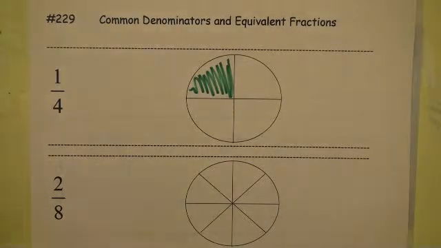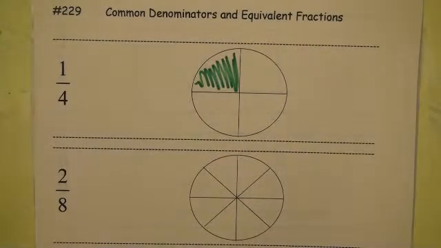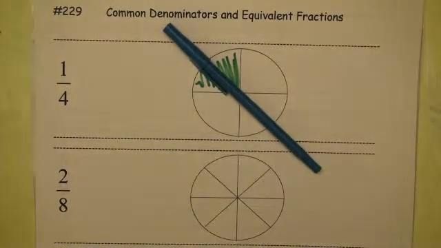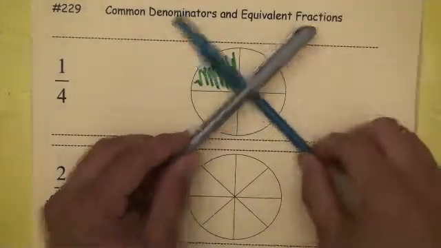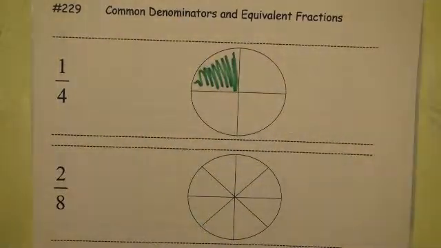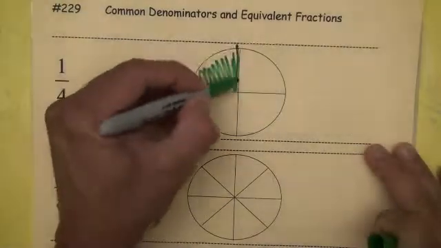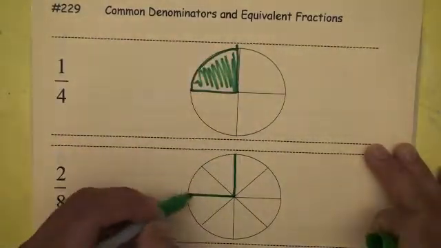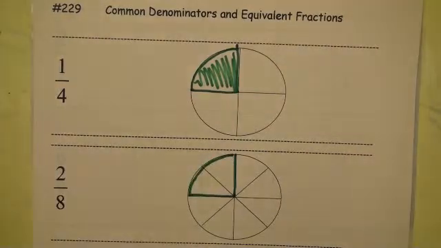Then of course, what if we took these fourths and divided them in halves? We would have eighths. So that same section of the pizza or the wheel, whatever you want to think of this, is now the same exact size, but we're talking about it in different increments.